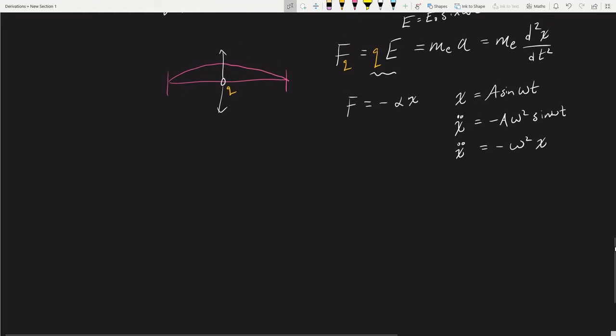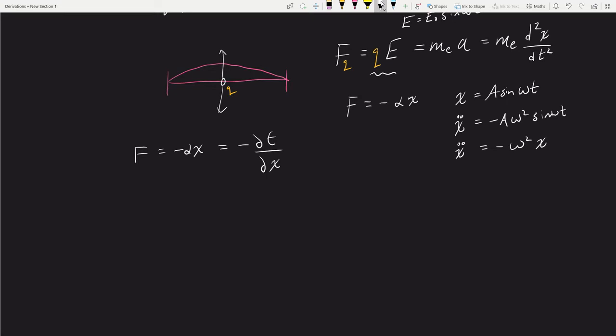Okay, so what does all this mean? Well, there's a very simple derivation we can do here just to show what the equipartition theory shows for this. So if you have f equals negative alpha x, we also know that f is equal to negative the partial of the energy function of the system with respect to x.